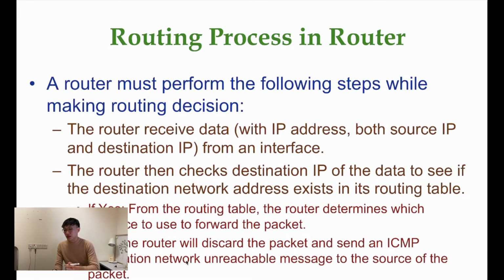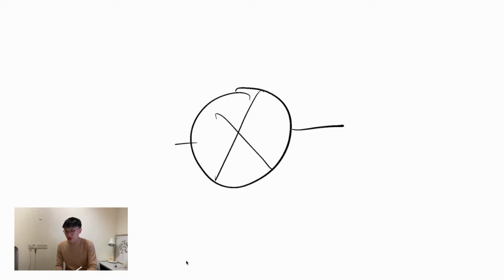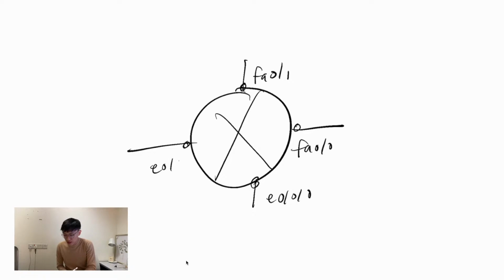Now for example, I will visualize this using another diagram for you. You have a router like this, and we know that on the router you have many interfaces. That's why you can build many networks here. Let's say we call these FA01, FA00, E000, E010.